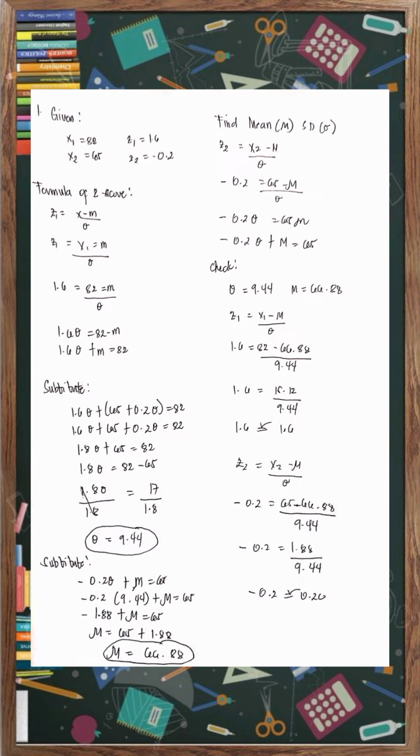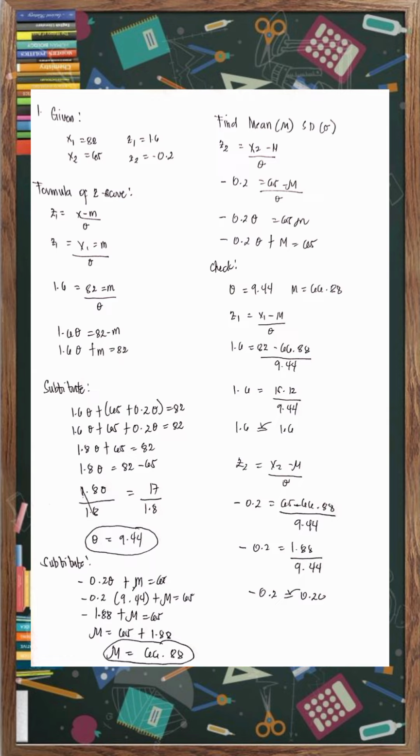Then, equals to 17. Itong 17 po ay nakuha po natin sa 82 minus 65. 17 divided by 1.8 equals standard deviations 9.44. So, 9.44 po yung standard deviation natin sa unang substitute.